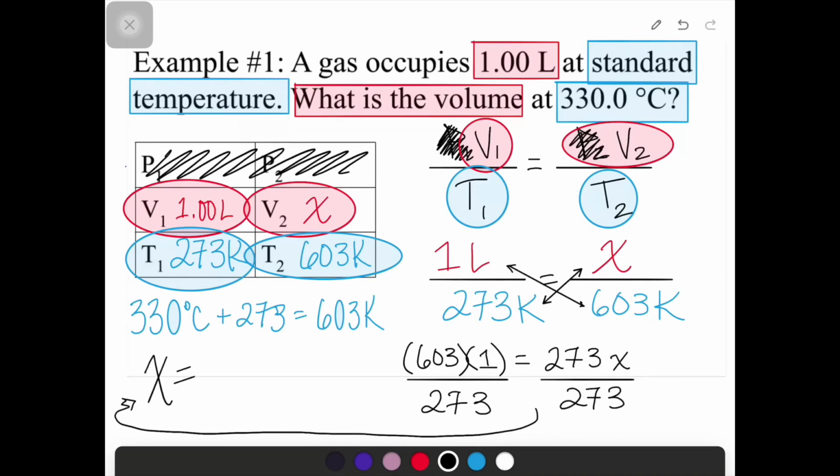X equals, so the calculator will give you 2.218, blah, blah, blah. Just round it to 2.2. 2.2 what? Kittens? No. Right? So we're looking for volume here. The volume is given to us in liters, so this will be 2.2 liters.